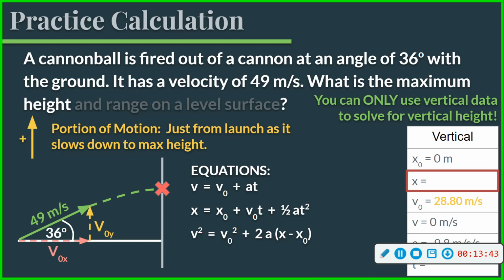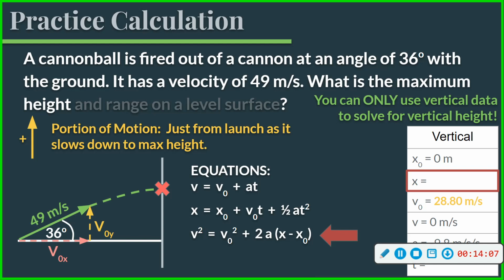Of our equations, which one seems like it's going to be more helpful? V final squared. We like the bottom one. There you go. Right, so notice we don't have time yet.